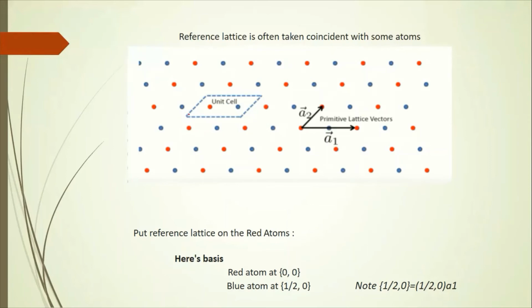But I think the primitive unit cell has several atoms, right? Each lattice site can be a primitive cell with several atoms around it.